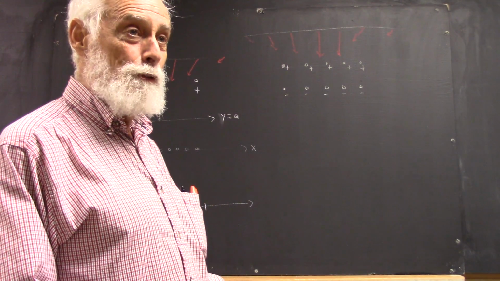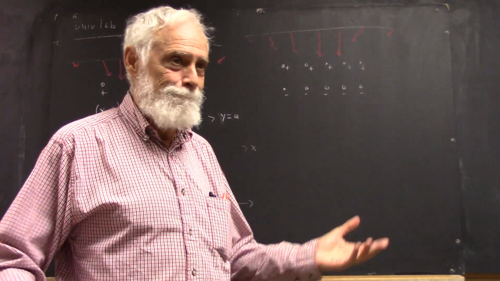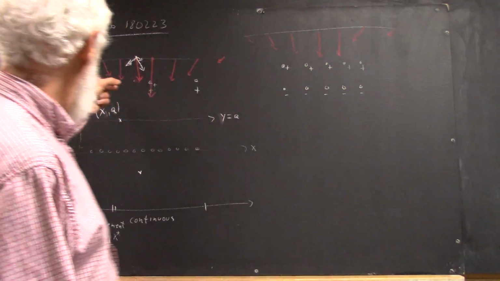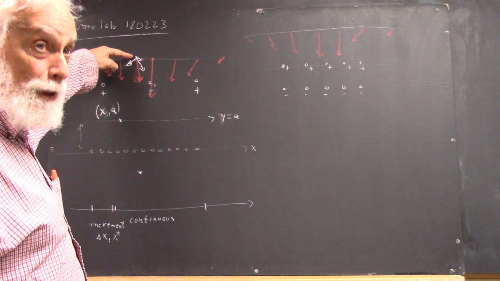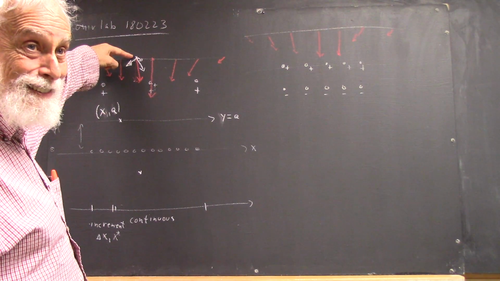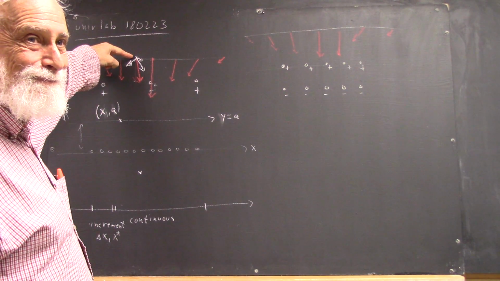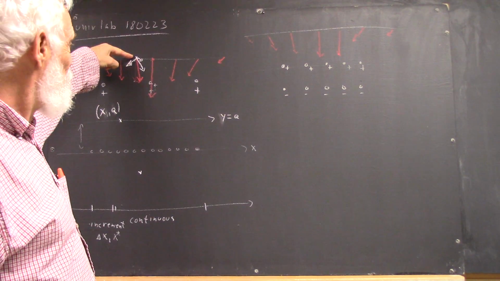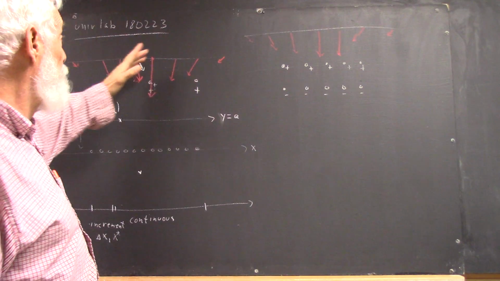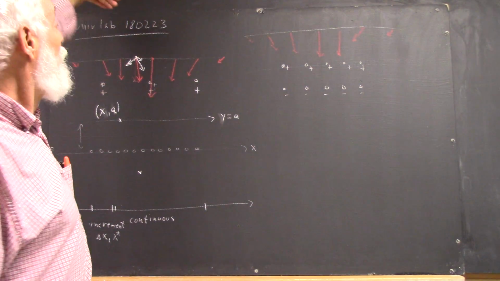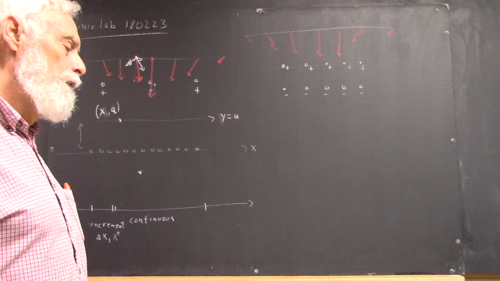And one result is that some bozo followed what you guys did. Fortunately, I didn't specify whether this was a positive charge or a negative charge, did I? I assumed it was negative. I did too. I'm treating it as though it was a negative charge, even though I intended a positive, and my first picture was away. You guys drew the picture this way, and I said, oh yeah, that's the way it works.